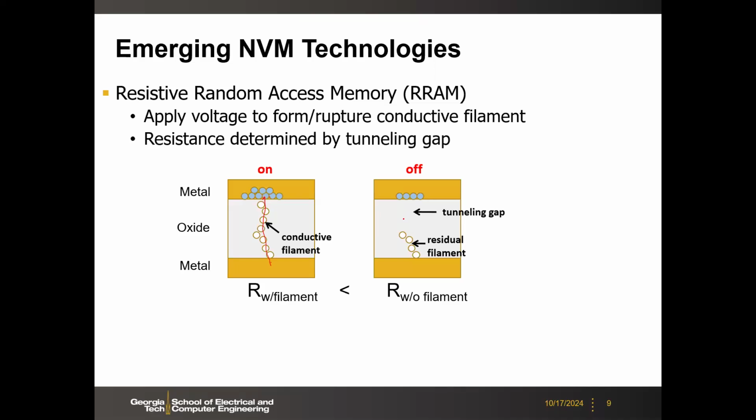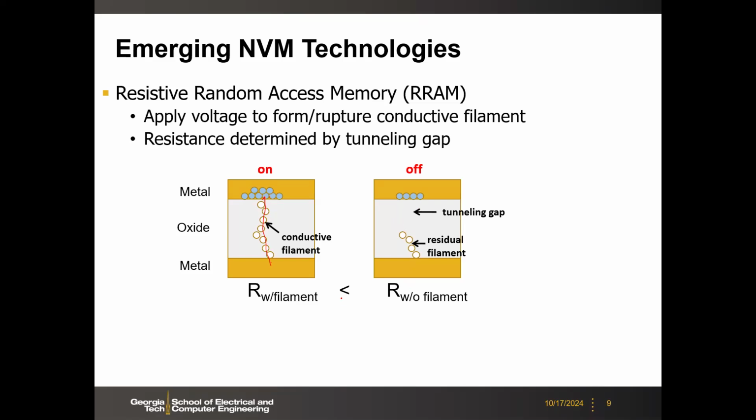Then, if the bridge is ruptured, then here there will be a large tunneling gap. Then the current will be smaller. So, depending on whether you have the filament or you don't have the filament, you have different resistance values.